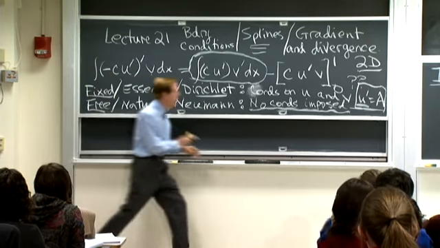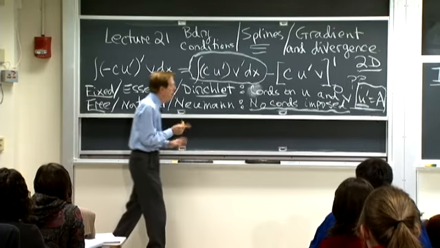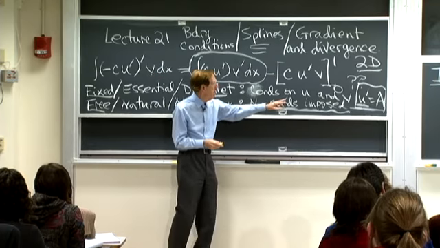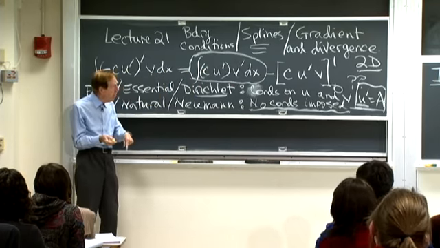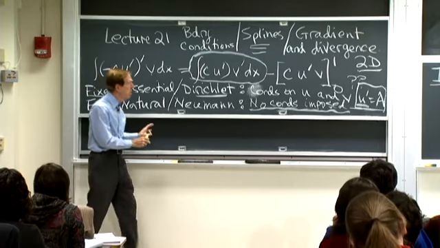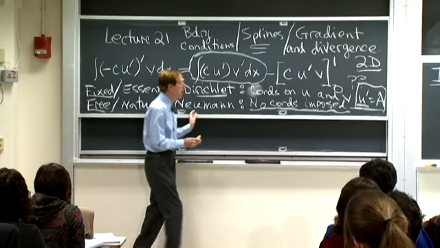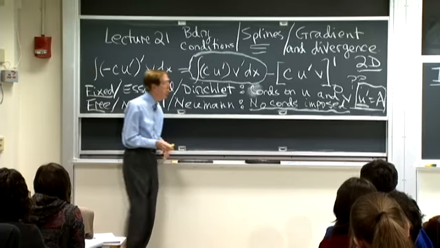Now, what about this u prime equal a? And I guess we're seeing it there. If u prime was 0, if we had a totally free end, nothing happening there, then that term would drop out of the integration by parts.